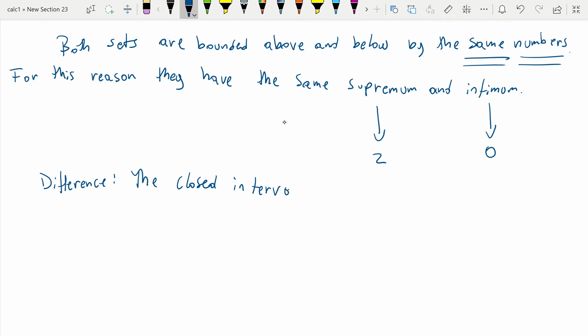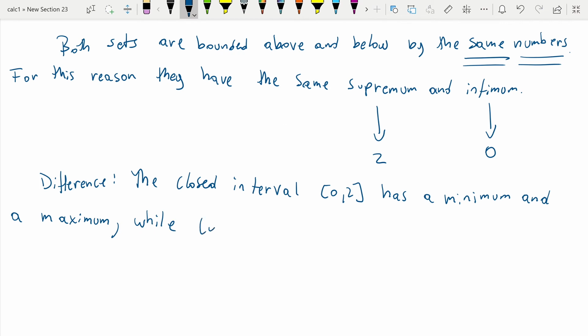The closed interval has a minimum and a maximum, while the open interval has neither.